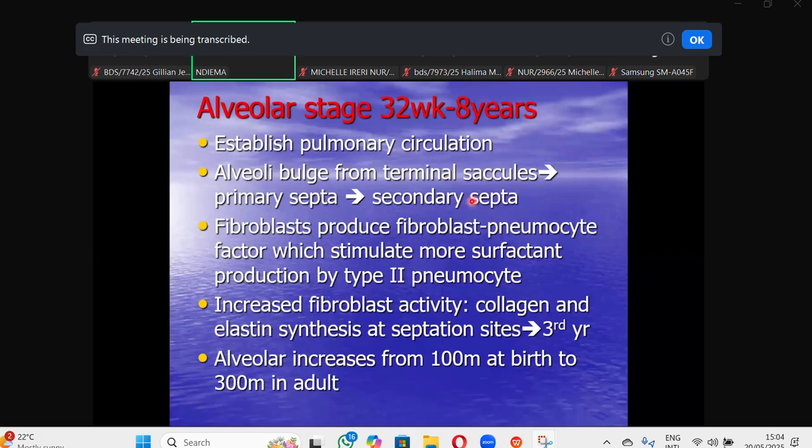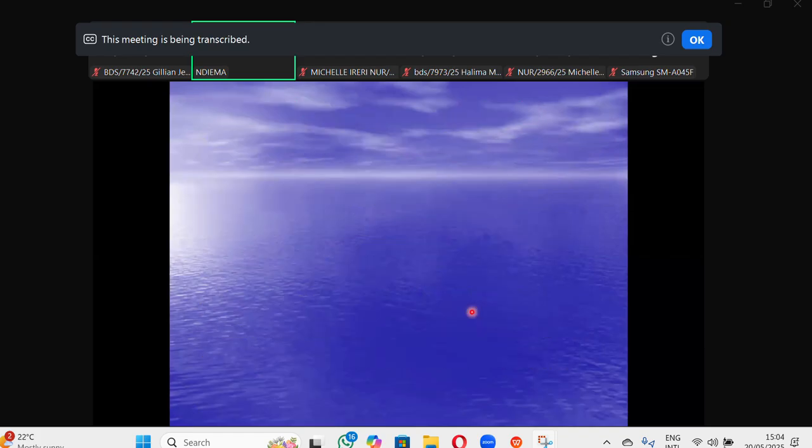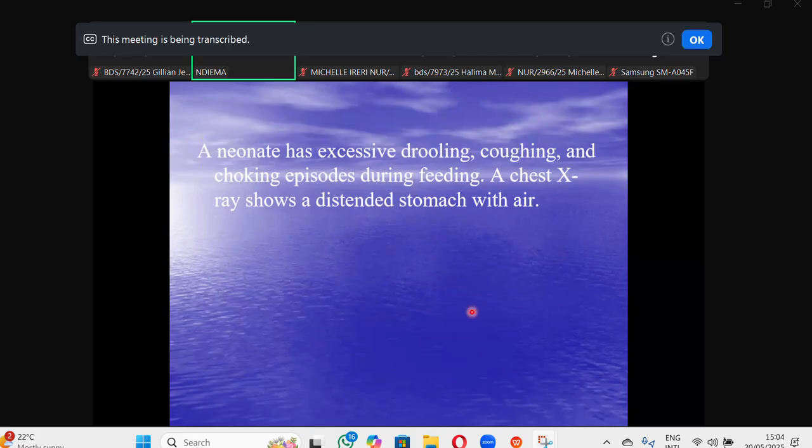But very rapid division and formation during the third year. So this is how the lung develops. And we have noted that we can have malformations, congenital malformations, at any time during this development of the lung.